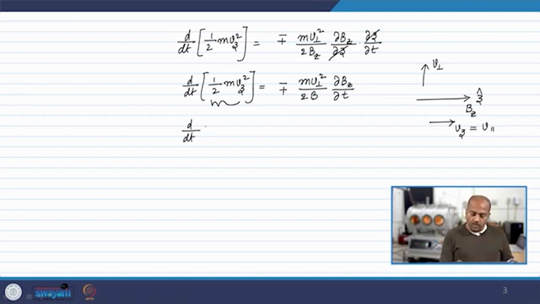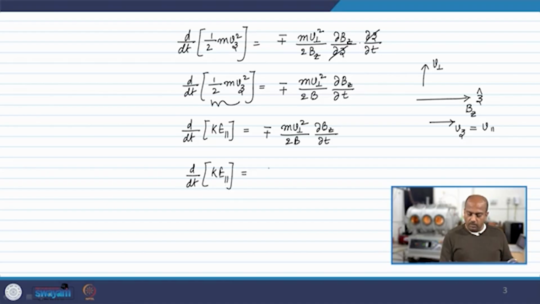So we will write d/dt of kinetic energy parallel is equal to minus plus m v perpendicular square by 2B ∂Bz/∂t. Or we can write d/dt of KE parallel is equal to minus plus KE perpendicular by B ∂Bz/∂t.